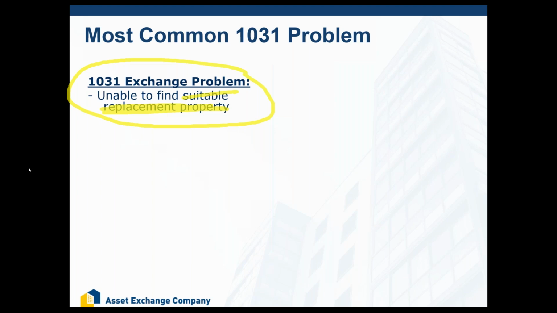Is there another type of asset that you can look at? Maybe instead of an apartment building, what about an office building? Is there another geography you can go into? So it's very good. The first thing you want to do when you're considering an exchange is understand the market, figure out what you want to buy, but also have a backup plan.